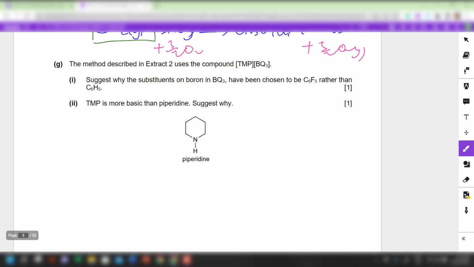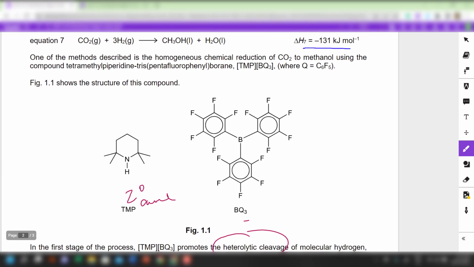First of all, we need to be aware of the difference in the property of this group. I'm going to just highlight in pink this group versus a normal benzene ring. Like this. So what is the difference?